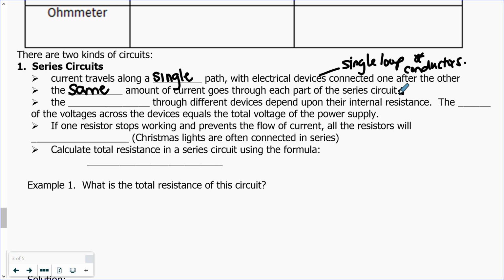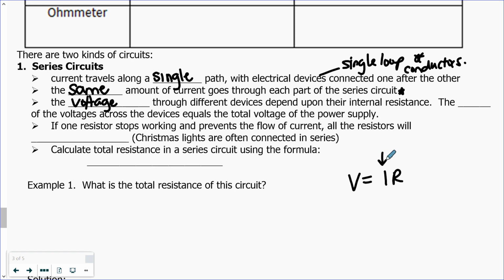And so what will be different with this is the voltage through the different devices, depending on what's hooked up within the circuit, will depend on their internal resistance. So keeping in mind V equals I times R. When things are connected in series, current stays the same.